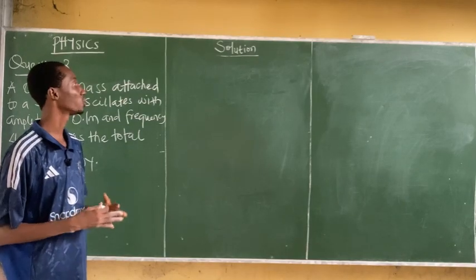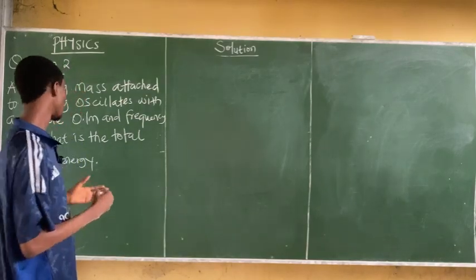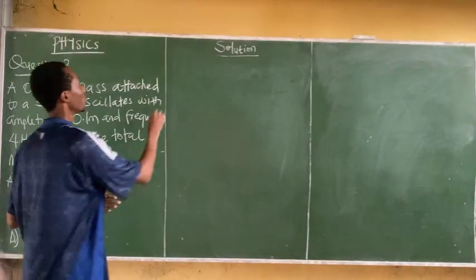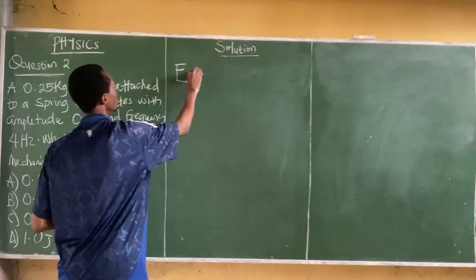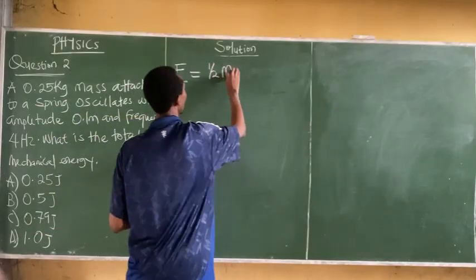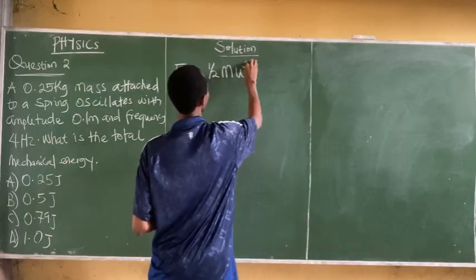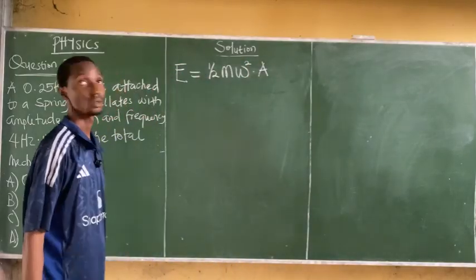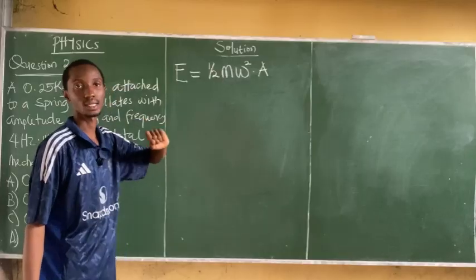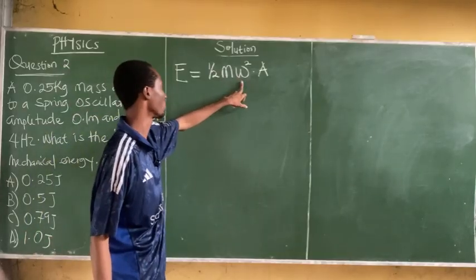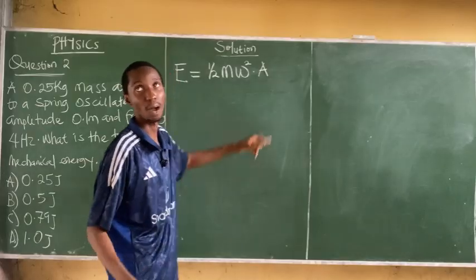In simple harmonic motion, the total mechanical energy is constant and is given by the formula E is equal to 1 over 2 m omega square A square, where m is the mass, omega here is the angular frequency, and A is the amplitude.